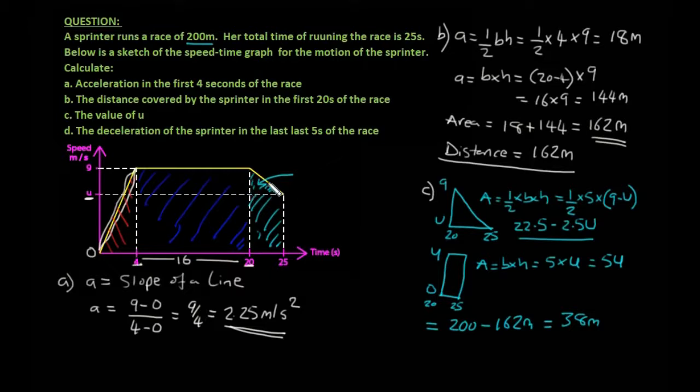So area of this triangle, which we found already, which is 22.5 minus 2.5u over here, and area of rectangle, which is 5u. Hence, we do 22.5 minus 2.5u plus 5u is equal to 38 meters.